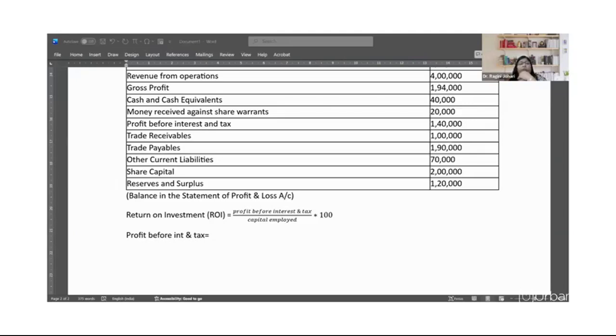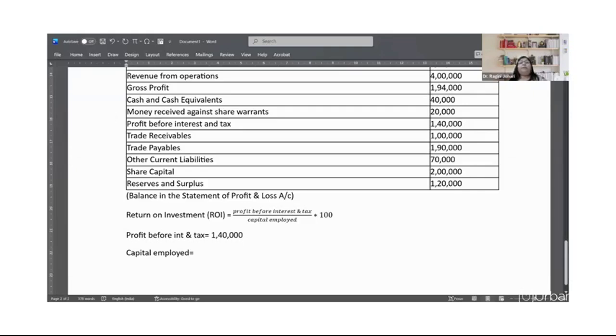Okay. So profit before interest and tax is already given to us here. So we don't need to calculate. But yes, we will have to calculate the capital employed.